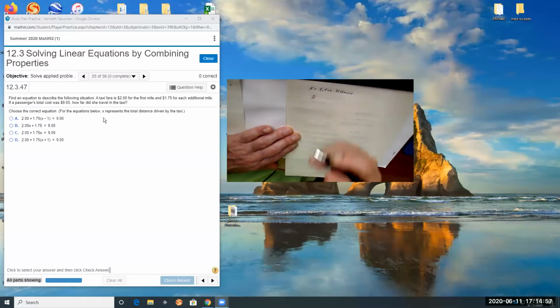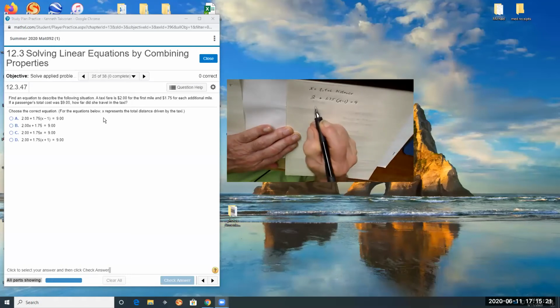Each additional mile is being charged $1.75. But we already used up 1 mile for the $2 cost. So therefore, what we have here is $1.75 times (x minus 1). There's one less mile for the additional miles. That total, that sum, is equal to $9.